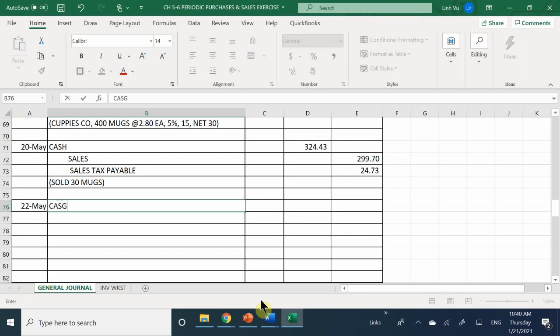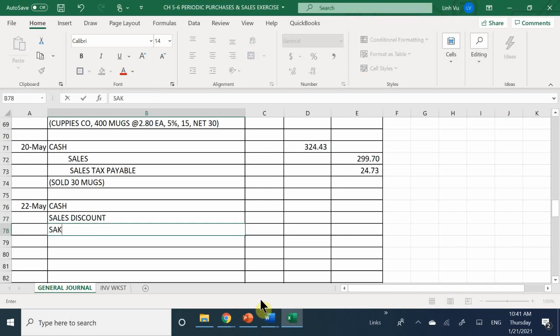We also have to recognize that there was a sales discount because he paid within the period. So he receives a 10% discount. And when it comes to discounts, what also has to be refunded? Tax.